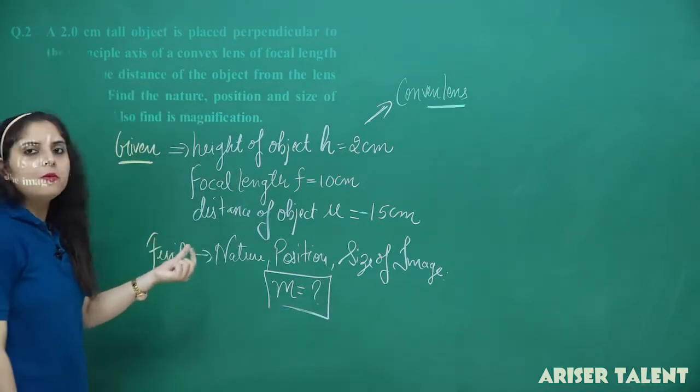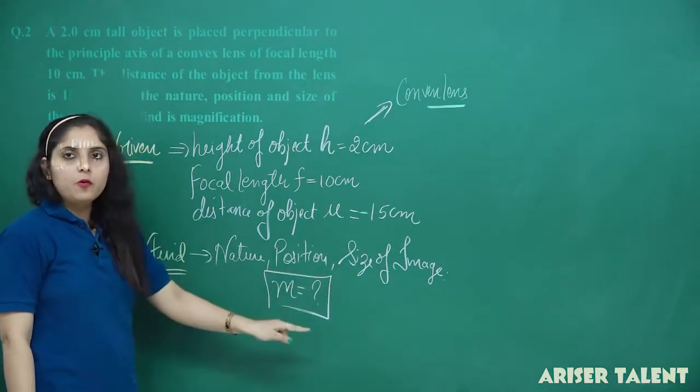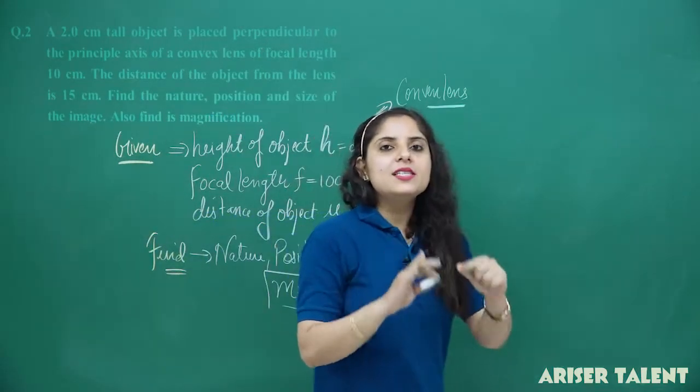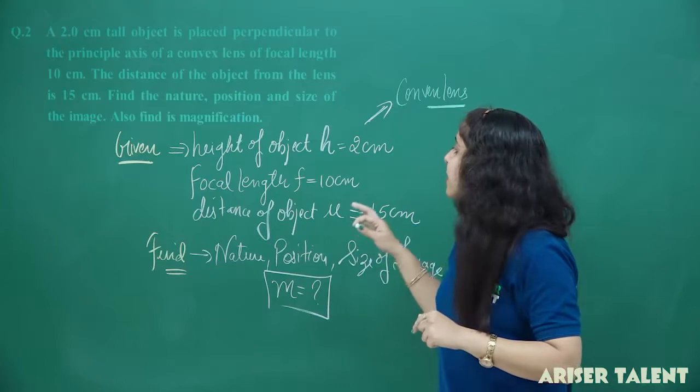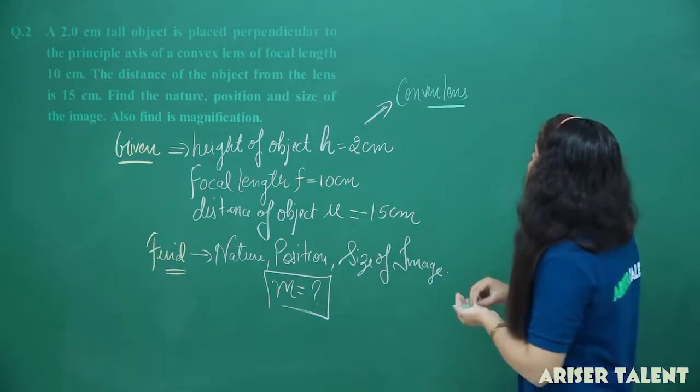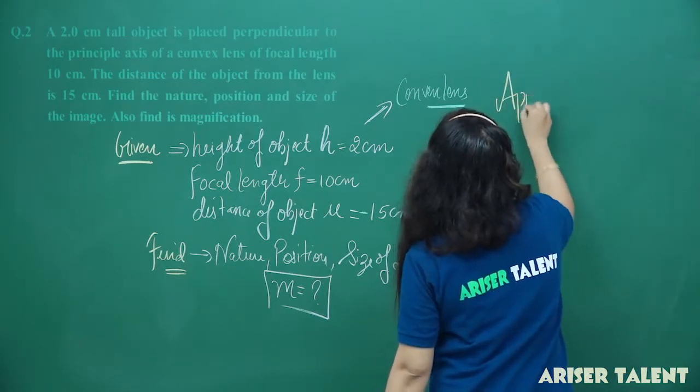So, how many things you have to determine? 1, 2, 3 and 4. So, 4 things we have to determine. So, firstly what will we do? We will just apply the lens formula and find out the distance of image from the lens. So, I am just applying here the lens formula.